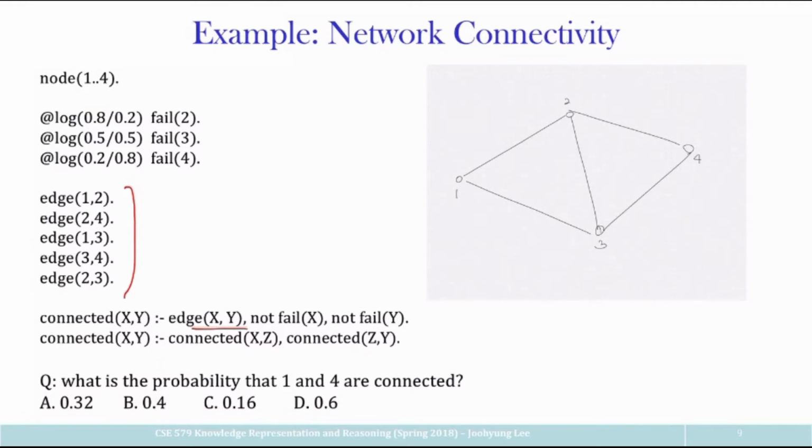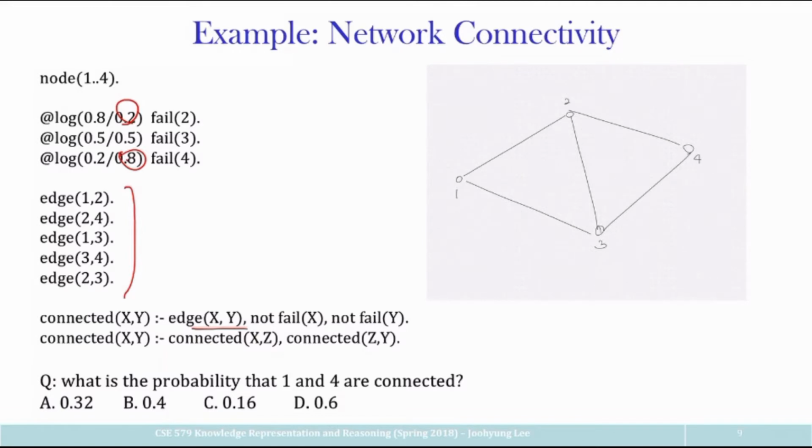Somebody says 16%. Is it? Yeah. Because both of them have to be not failing, and this is actually the success rate. So 0.2 times 0.8 is 0.16. 16% chance that nodes 2 and 4 are connected.